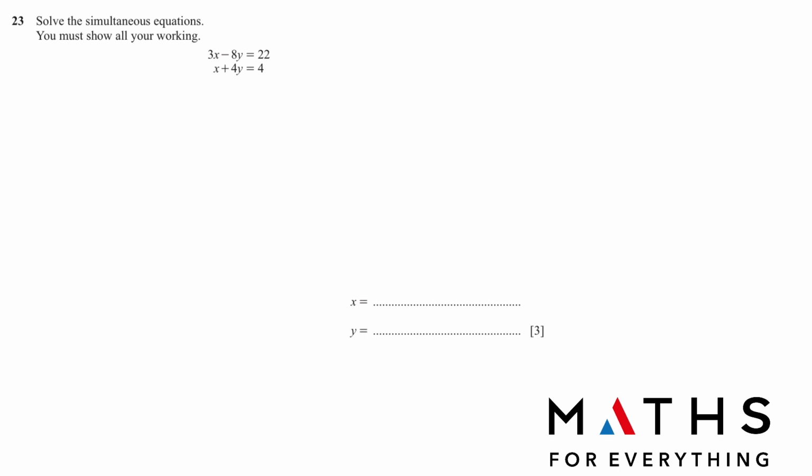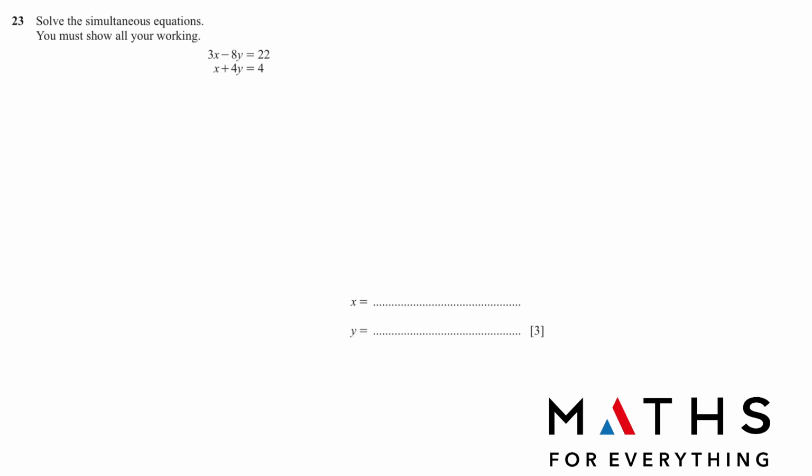Question number 23. Solve the simultaneous equations and you must show all your working. You really must practice a lot of simultaneous equations because once you get the hang of it, it's an easy 3 marks. So for this question, we have to eliminate either x or y. For that, you need to have the same coefficient.